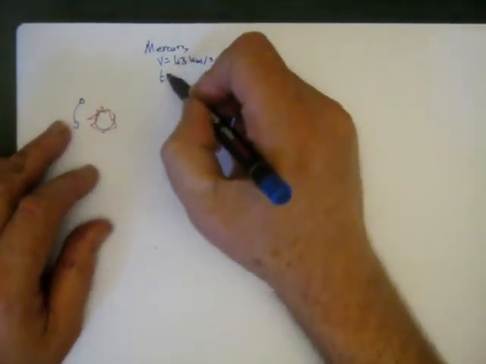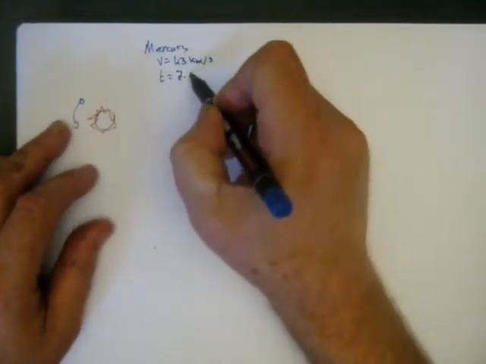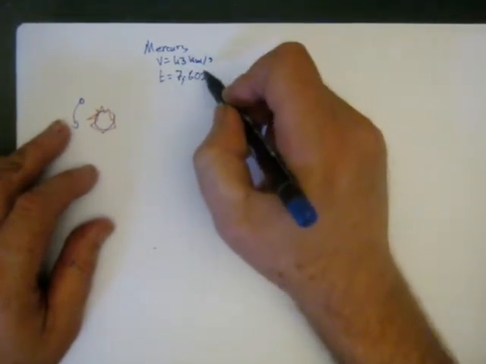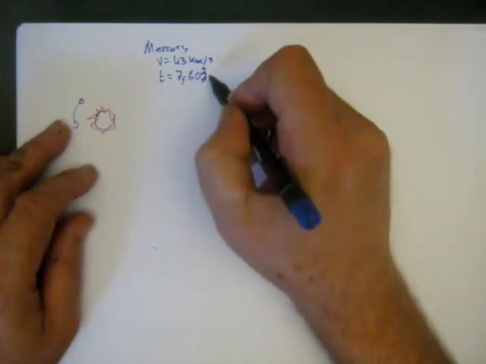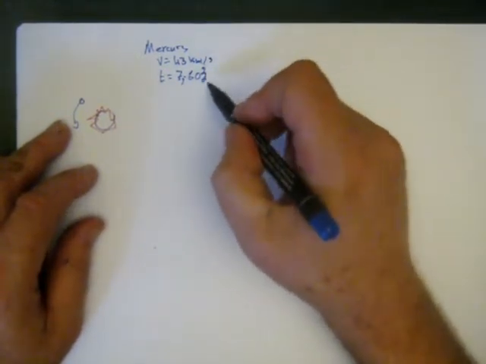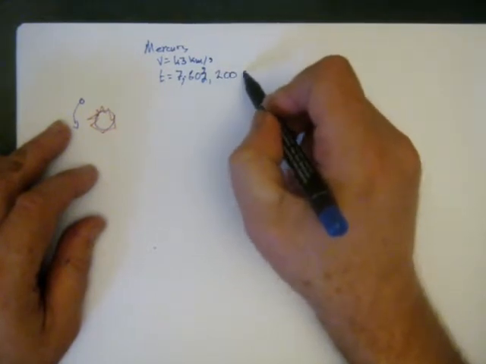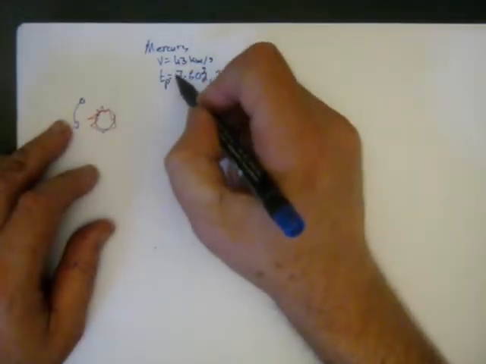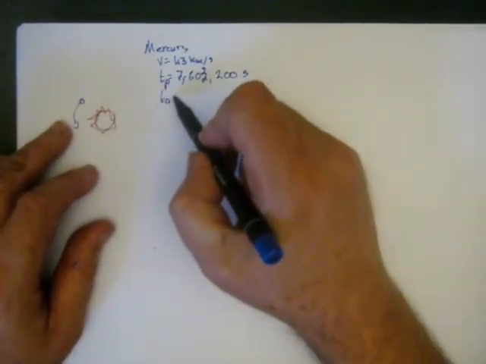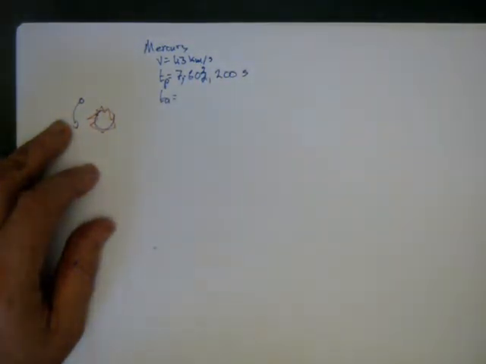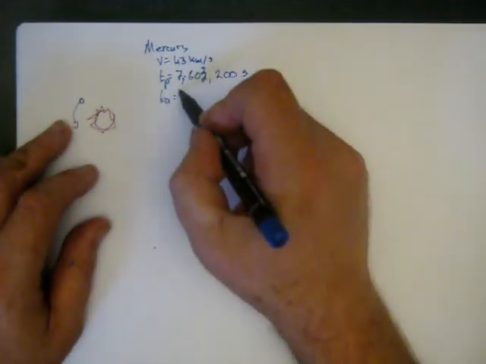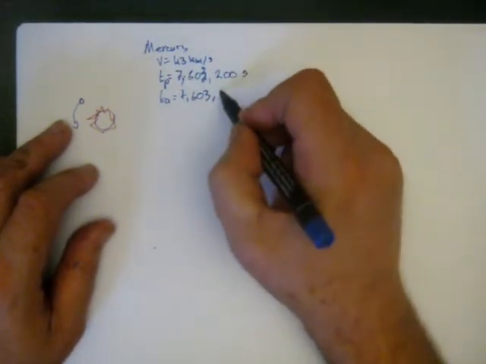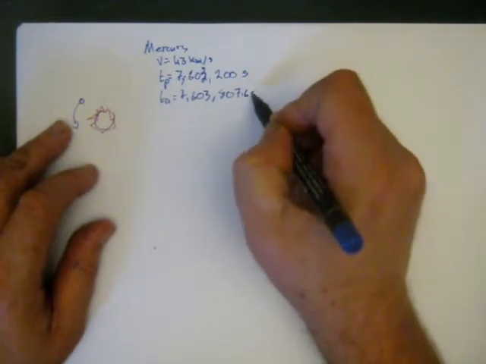And the orbital period, if you actually sit down and work it out, should be 7,603,200 seconds. Cool. However, that's the time predicted. The time actually measured was 7,603,807.6 seconds.